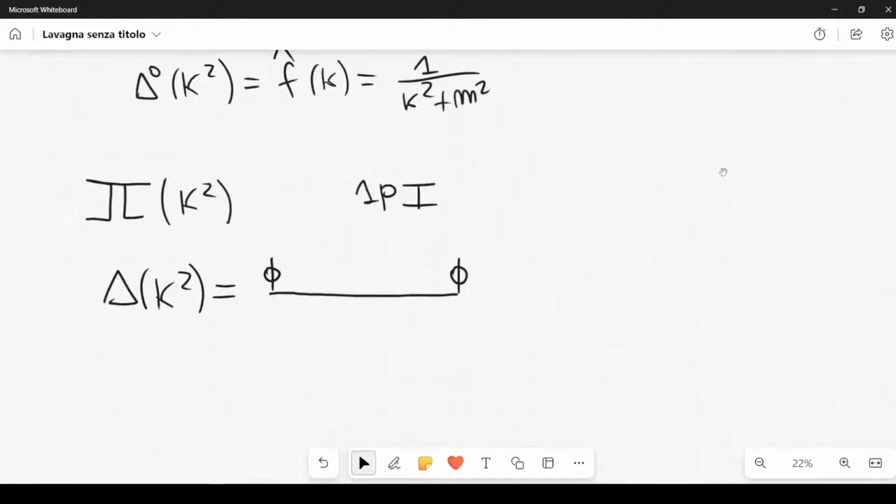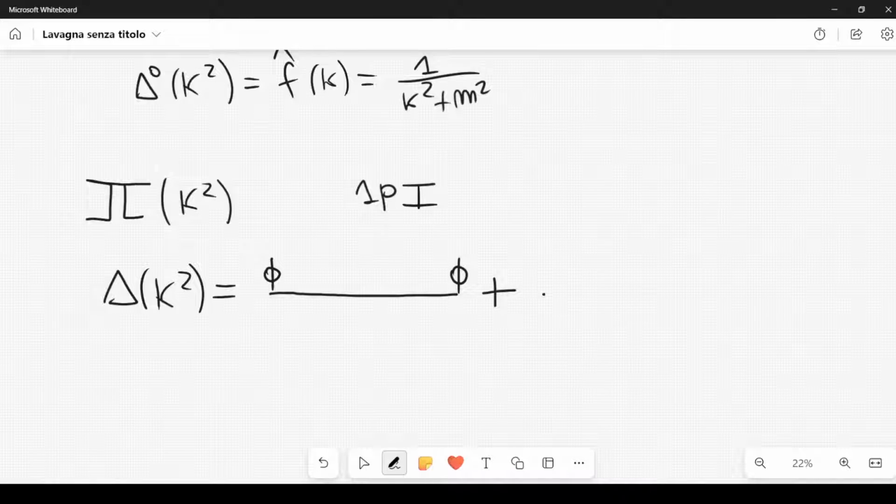It is just a line here, so this is the classical propagator. To this line here, we attribute the classical propagator, which is 1 over k squared plus m squared. And here I have phi at the end of this portion of the line, and here we also have phi at the end of this other portion of the line.